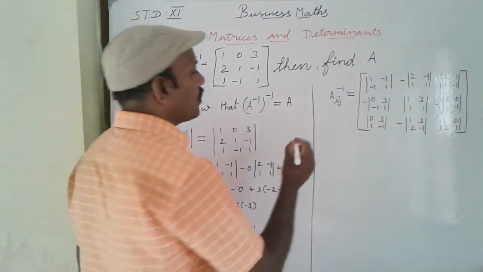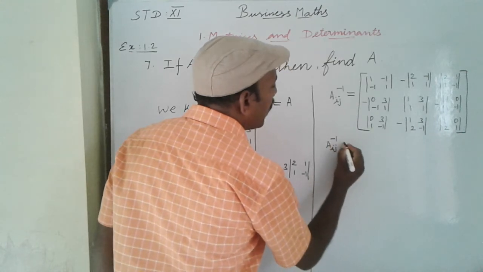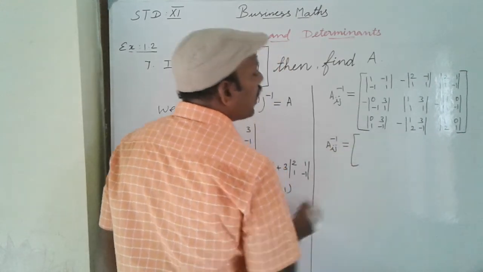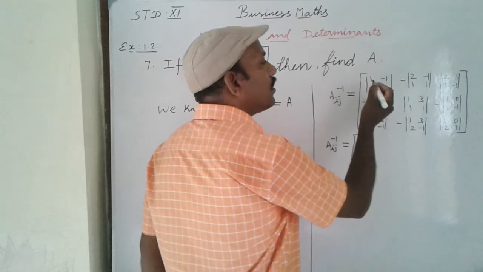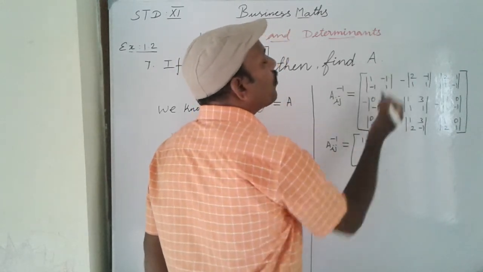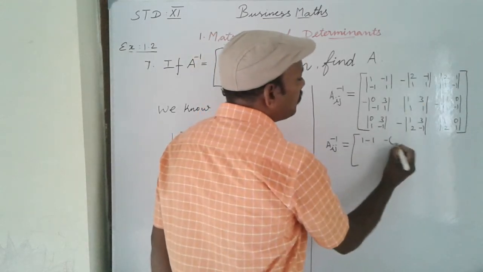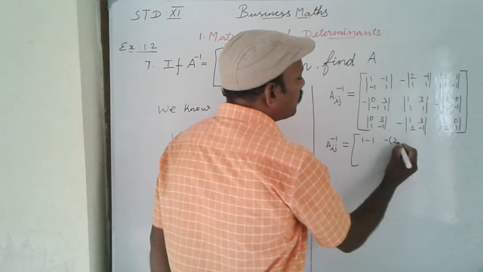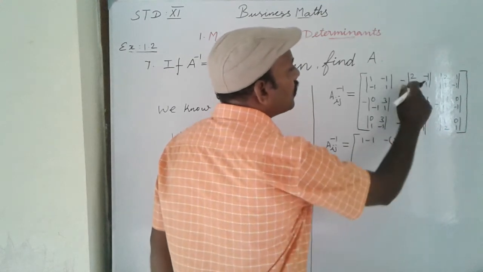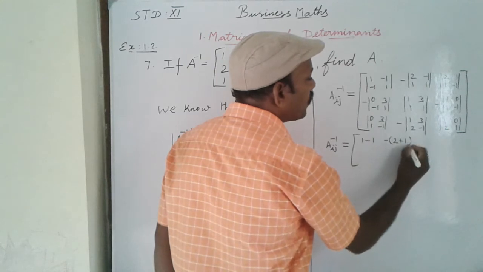So Aij inverse in matrix form: 1 into 1 is 1. Minus is the symbol, minus 1 into minus 1 is plus 1. Next minus is the symbol, 2 ones are 2, so minus 2... 1 into minus 1 is minus 1, minus into minus is plus 1.